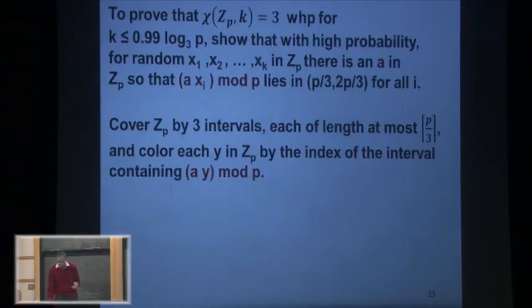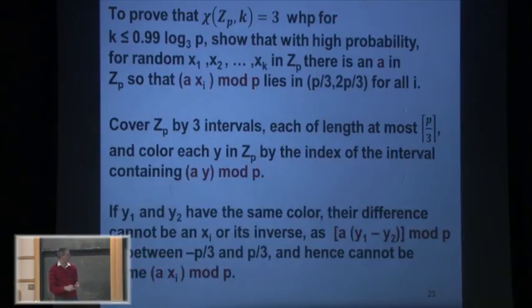Okay? Now, why is this a good coloring? That's simple to check. Suppose y1 and y2 have the same color. What we have to show is that their difference is not plus or minus xi, because that's the definition of the Cayley graph, right? If they have the same color, then it means that a*y1 and a*y2 modulo p both fell into the same interval. Because of this, the difference between them is strictly between minus p/3 and p/3.